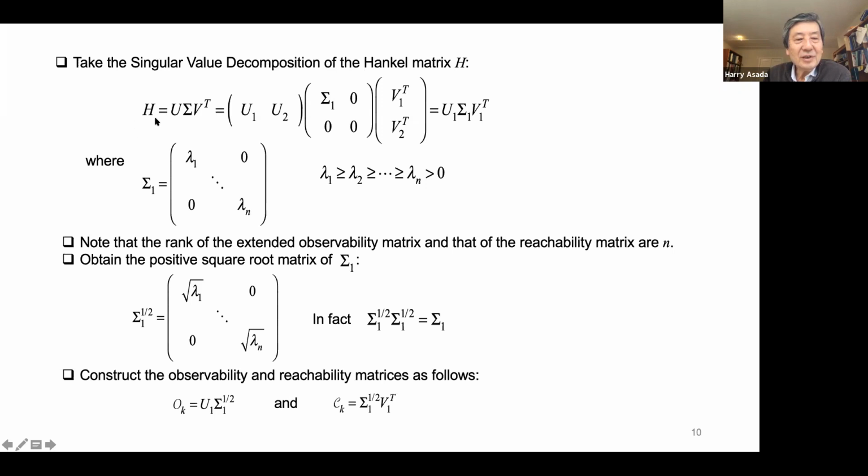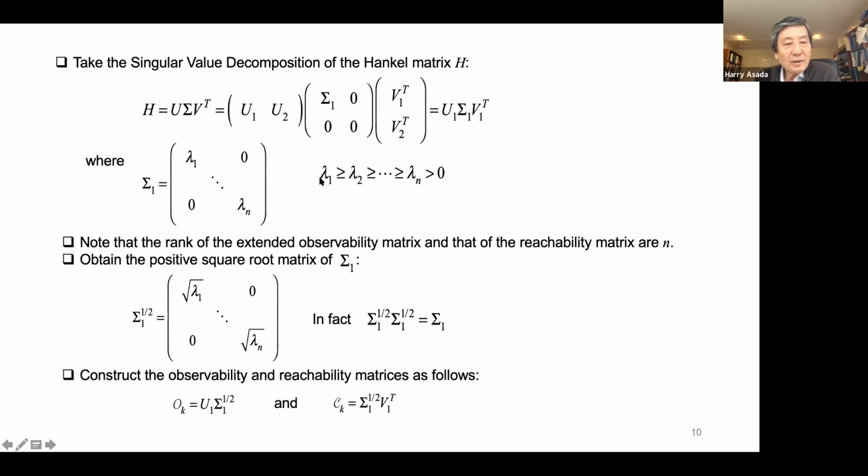This is a rectangular matrix that can be decomposed into three products like this, right? U contains the left singular vectors, this is the right singular vectors in V, and sitting in between, the singular values are placed in diagonal form like this, right?